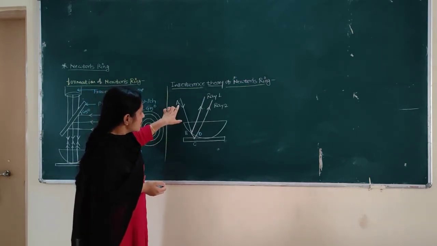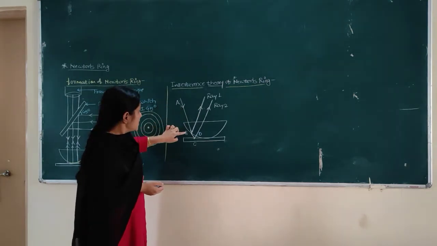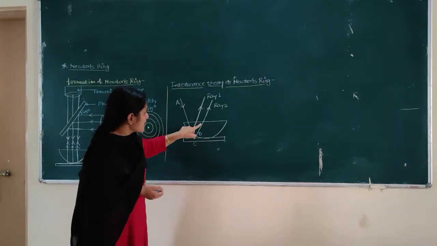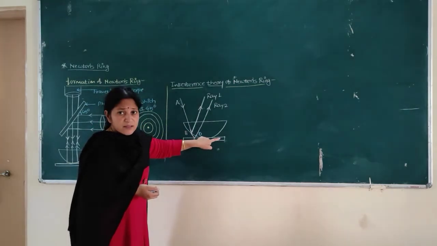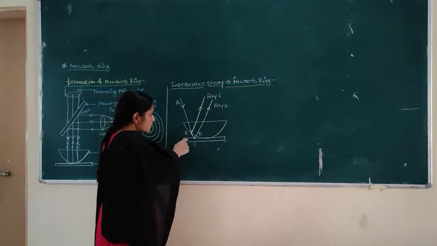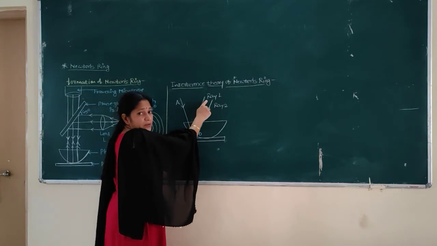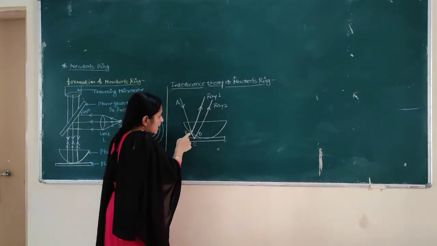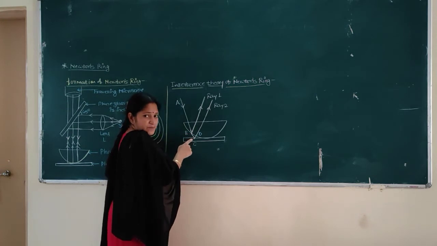One more time I will explain. A monochromatic beam of light AB is incident on this plano-convex lens which is placed on a plain glass plate. There is partial reflection and refraction. So from the point B, the ray will be reflected along this, called ray 1, and from the point B the ray will be refracted along BC.